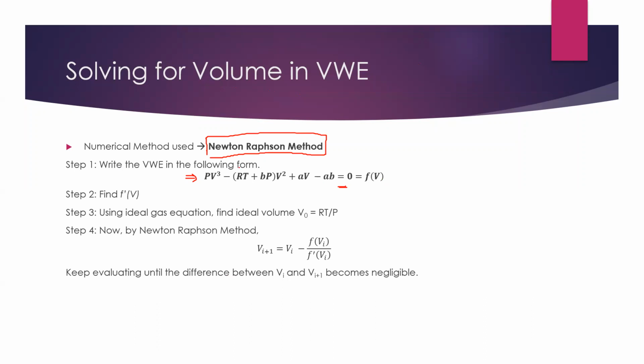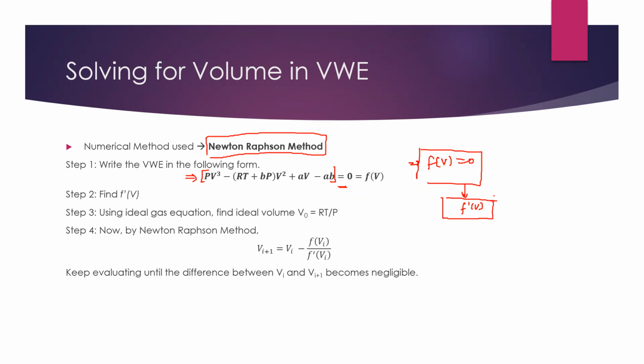When I put this entire thing equal to 0, it becomes an equation f(V) = 0. The entire LHS, which is equal to 0, we can put as f(V). Then from that, we have to calculate f'(V).